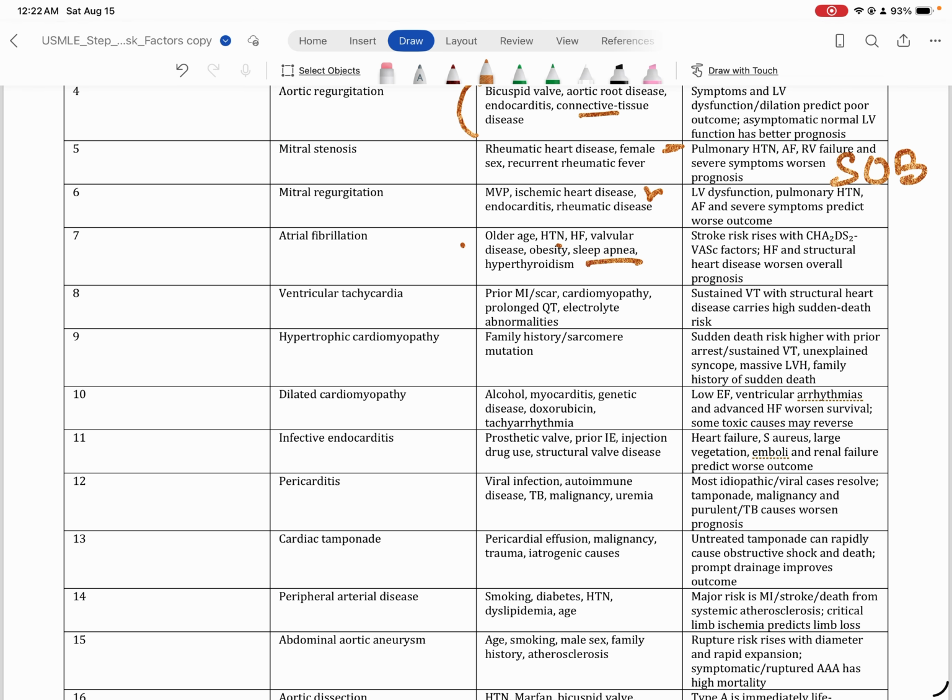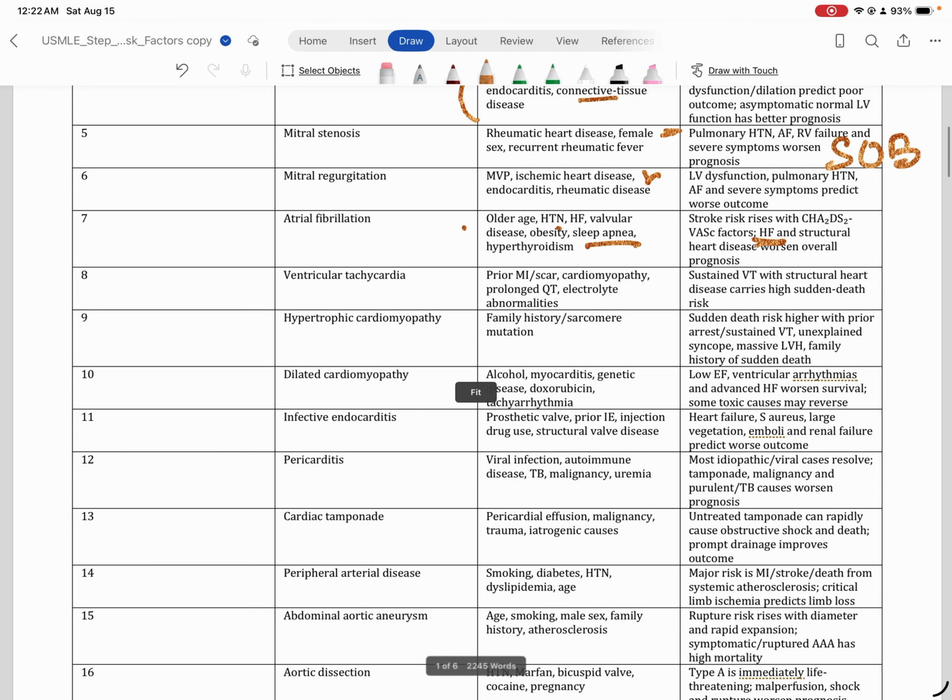And then prognosis of atrial fibrillation: it can cause stroke, right? And the major risk factor is associated with a high CHA2DS2 score. CHA2DS2 scoring is always done when you are assessing the severity of the heart condition. Another prognostic factor of AFib is heart failure, structural heart disease, and worsening overall prognosis.